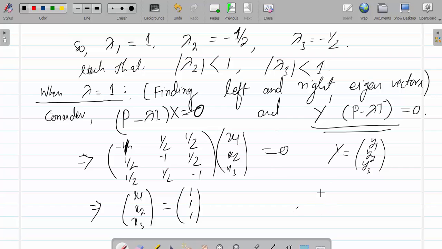By following a similar way, we can get y1 y2 y3, this will be equal to also 1 1 1. So we get the left eigenvector as well as the right eigenvector corresponding to the root lambda 1.